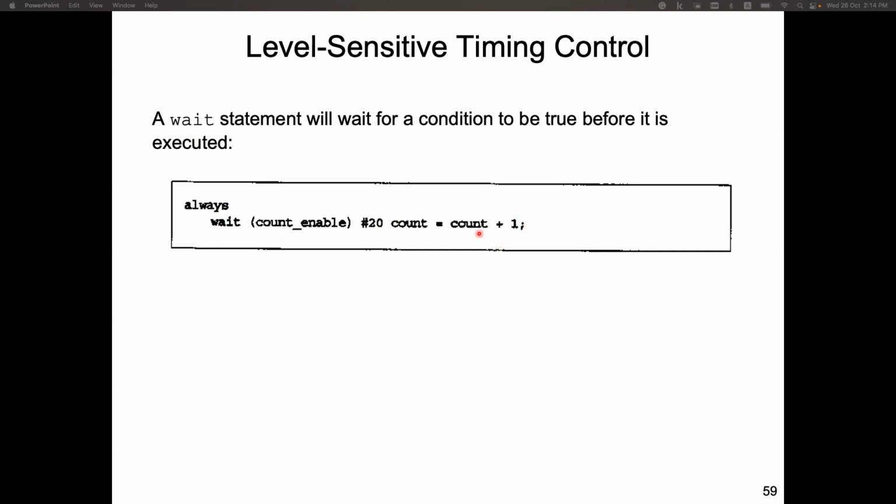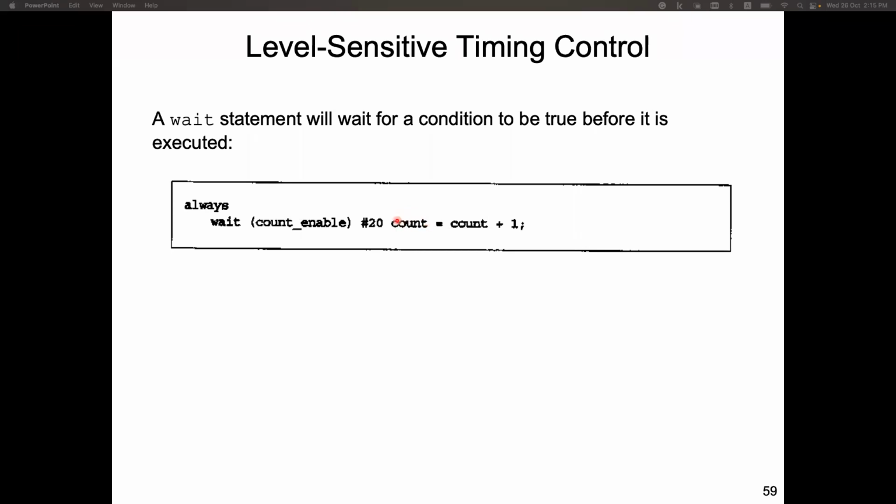increase count by 1. So in this example, the value of count enable is monitored continuously. If it is false, then we will not enter this statement. But if count enable is true, then this count is updated by 1.